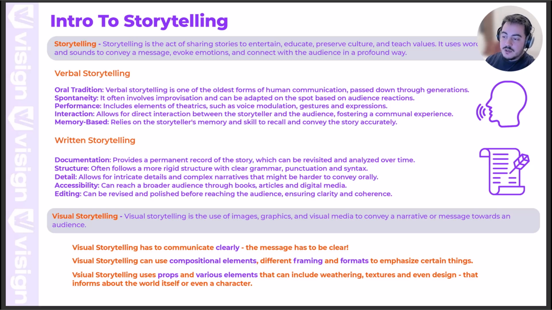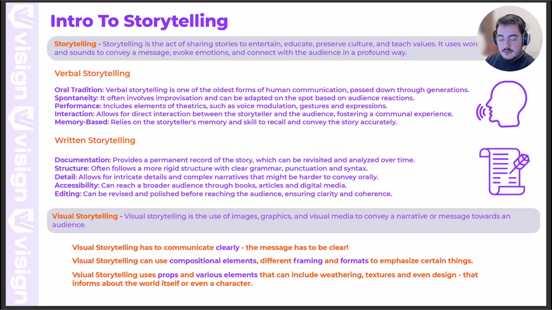Now, when it comes to the written form of storytelling, you have things such as providing a permanent record of the story, which can be revisited and analyzed over time. This can be historical storytelling, or it can be documented, for example, the life of an artist. That can be a form of storytelling as well, telling stories about the artist's life. That can be very interesting, and you might be interested in reading that, and it is provided through documentation. And of course, there's structure, which often follows a more rigid structure with clear grammar, punctuation, and syntax.